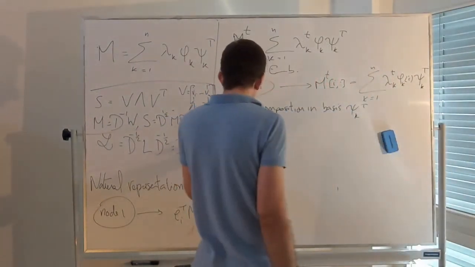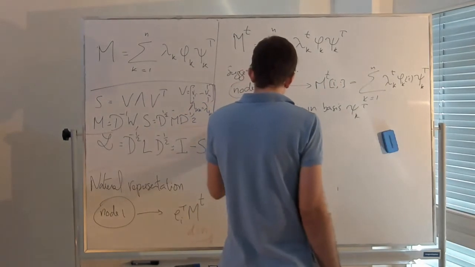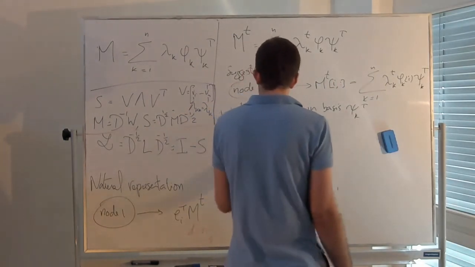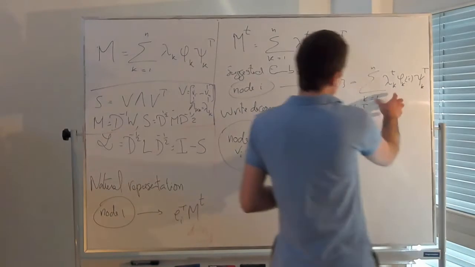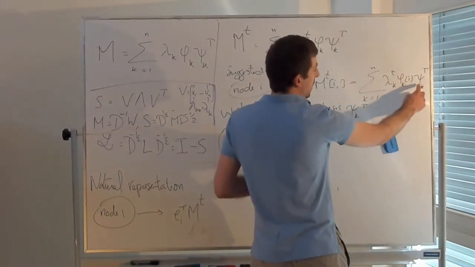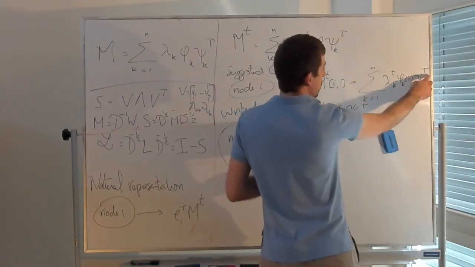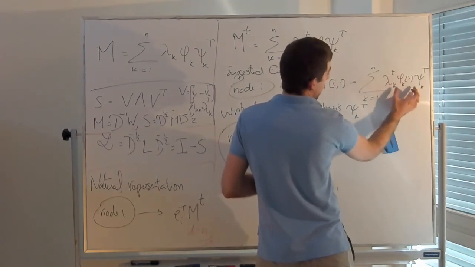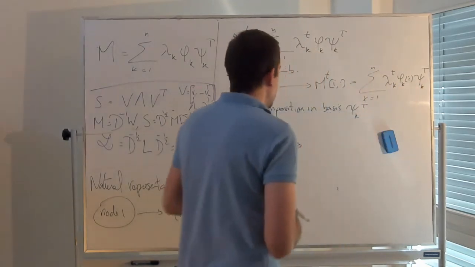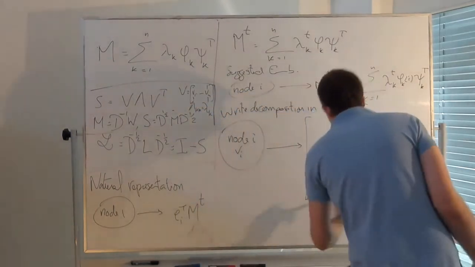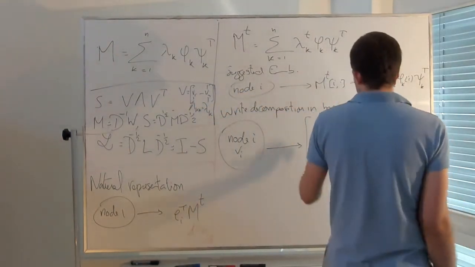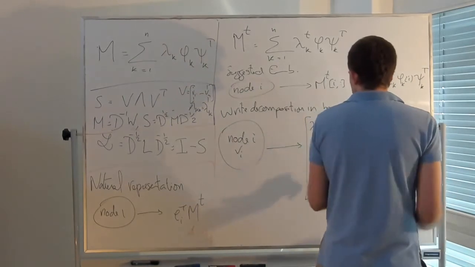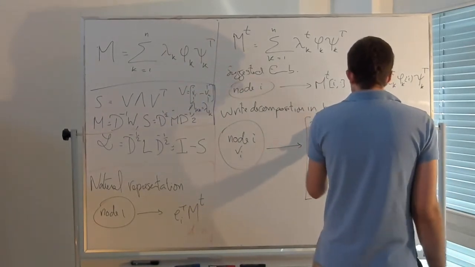If we do that, the node i, sometimes called v i, we map to this vector, but in the coordinates of the psi k transpose. So on the coordinates of the psi k, it's just these numbers here. And so you now have a decomposition that's simply given by lambda k to the t.